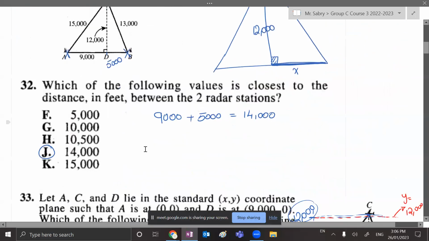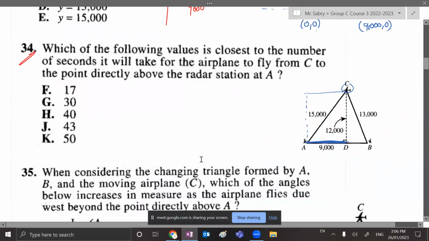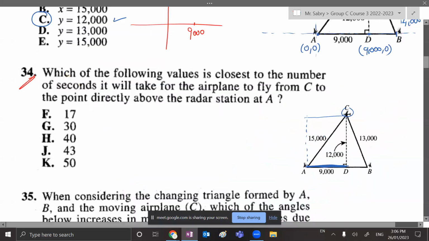So apparently we know the speed of this airplane. We know that the airplane is moving at 300 feet in 1 second. And we have this distance that we need to cover, and that distance is 9,000 feet as well. We need to know how many seconds it will take to cover that.